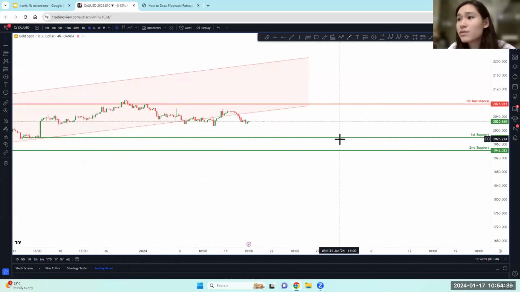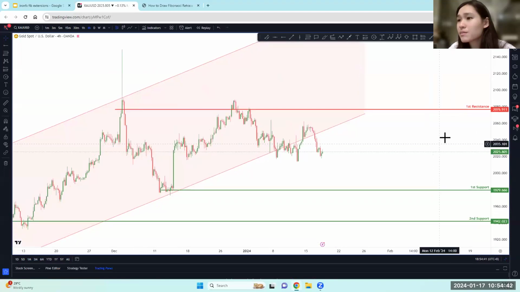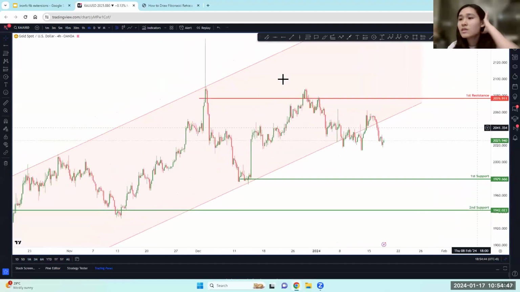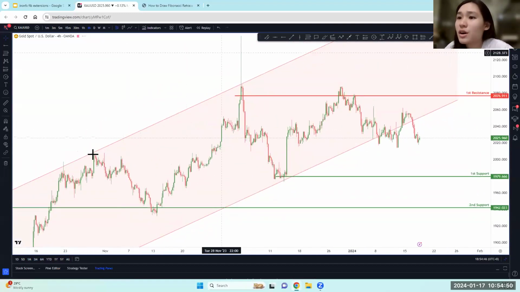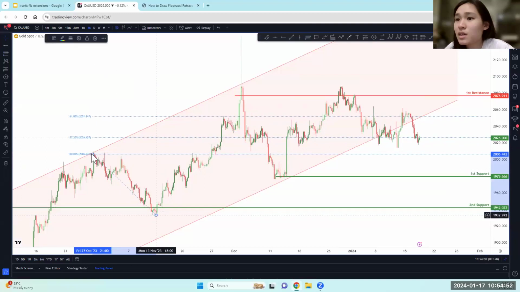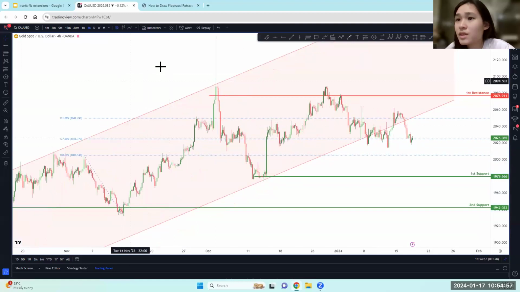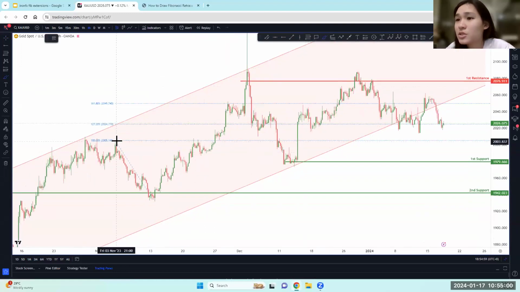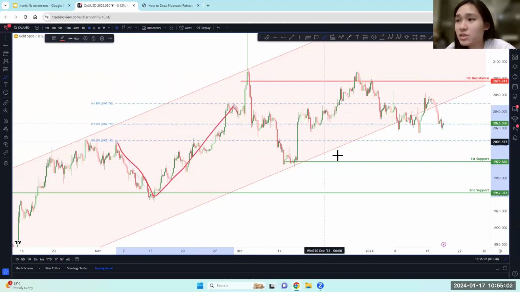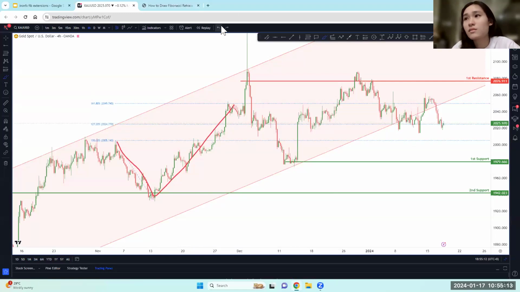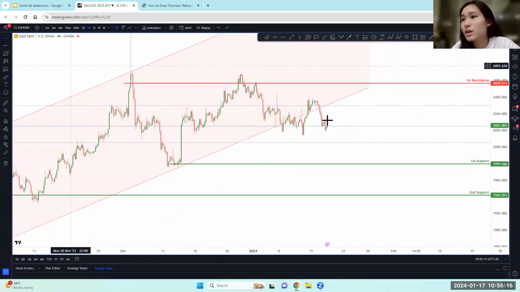On our 4-hour time frame, I'll just show you guys an example of a Nike tick again. Here, you can kind of see this Nike shape or tick shape, and you can see it bouncing off of the 161.8.